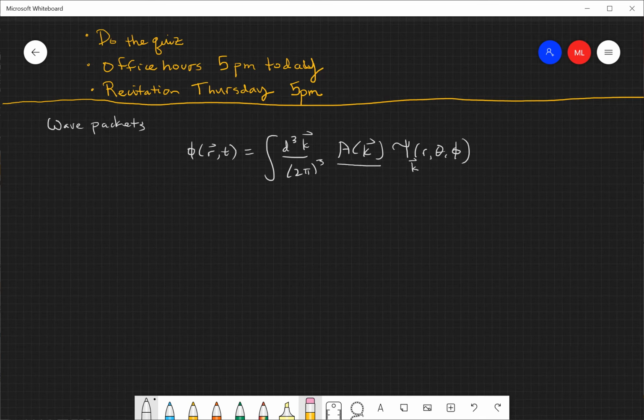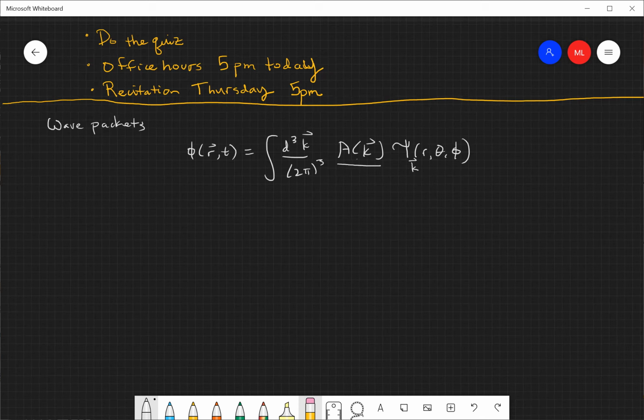And the whole time-dependent wave function is just a distribution over all the different incoming momenta that are part of the wave packet. That distribution is multiplied by what the scattering solution looks like for each of those modes.